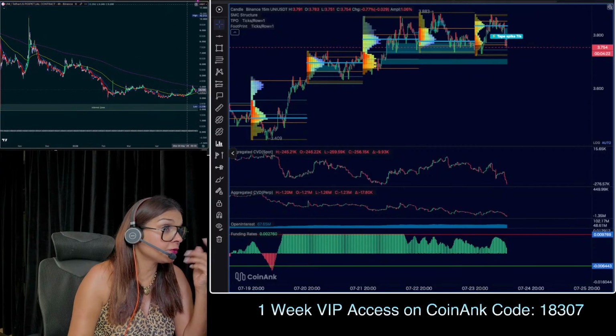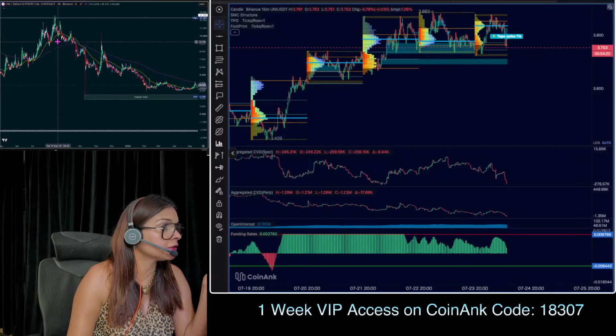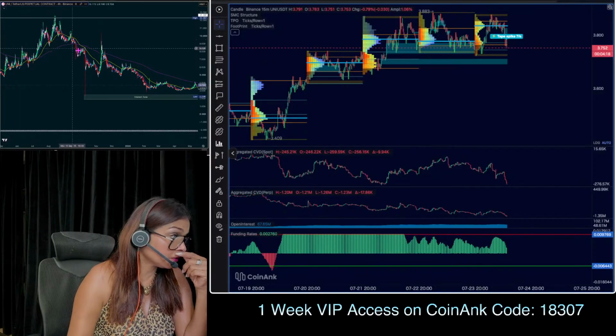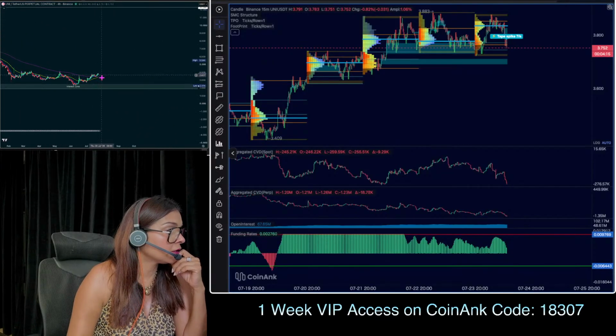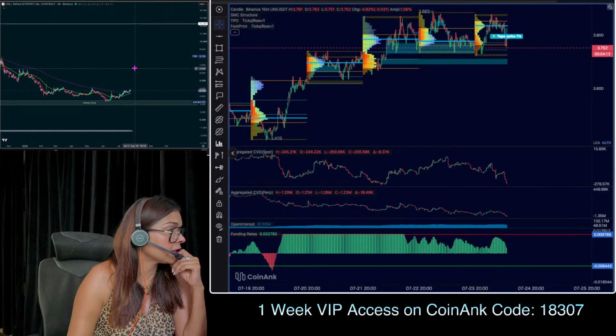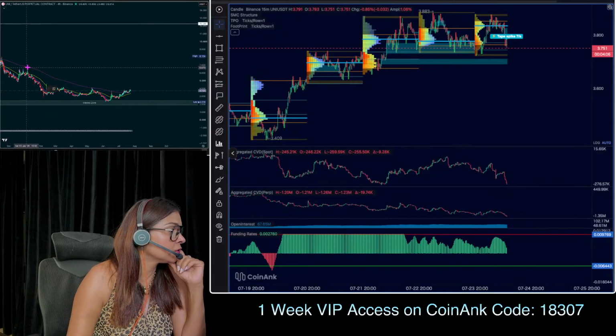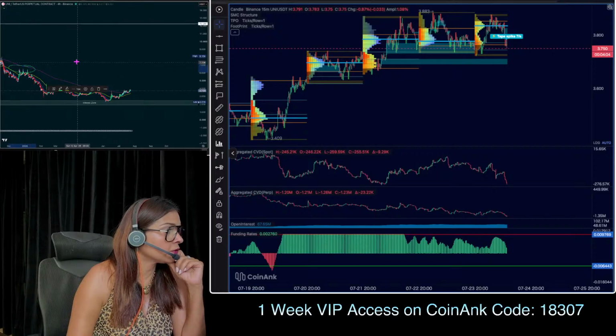I don't know if it's going to go up there. It might not be now for sure, but those are the areas that I'm going to be looking at. Basically, price is going to have to take out all these areas first.